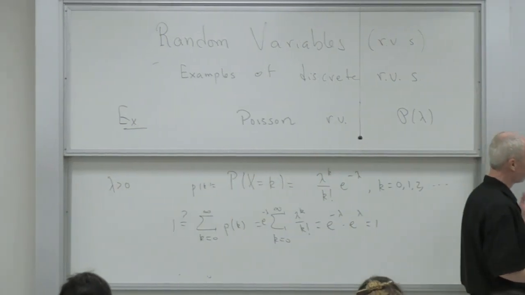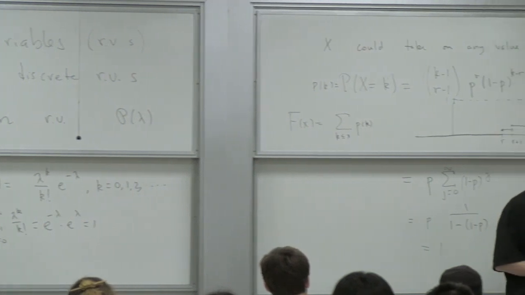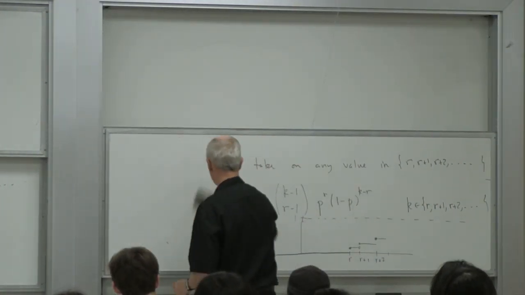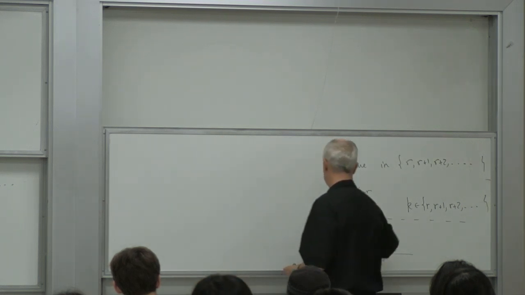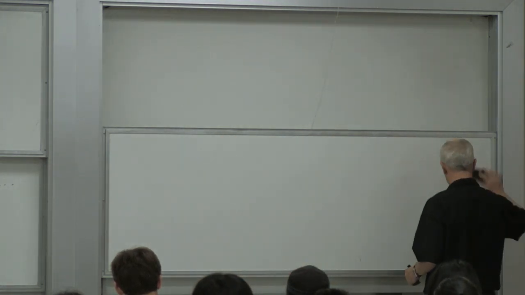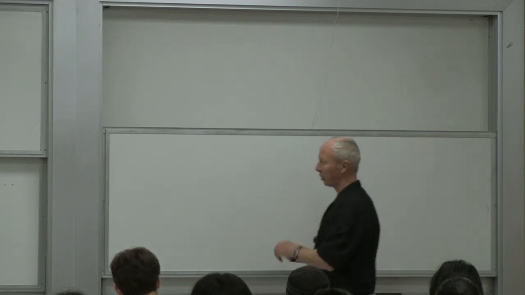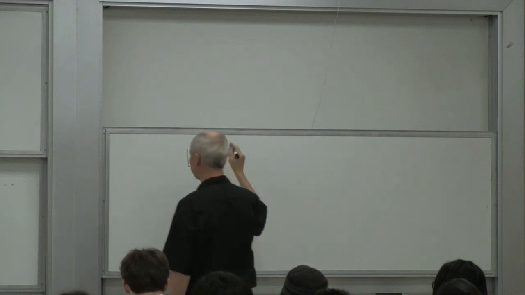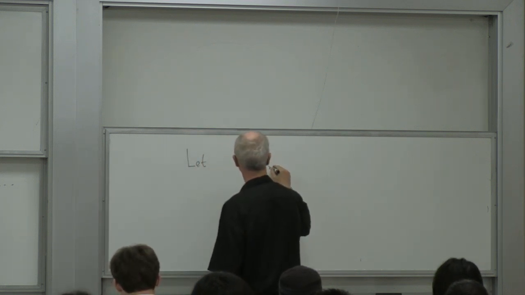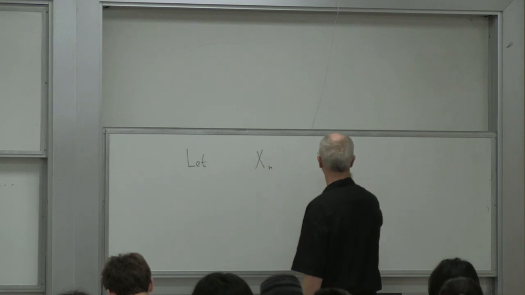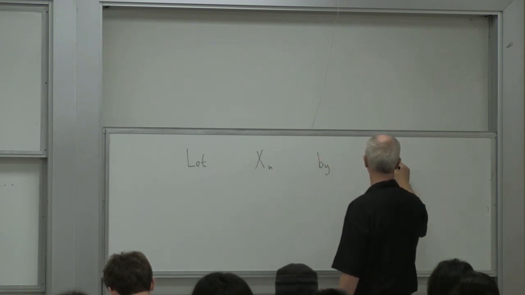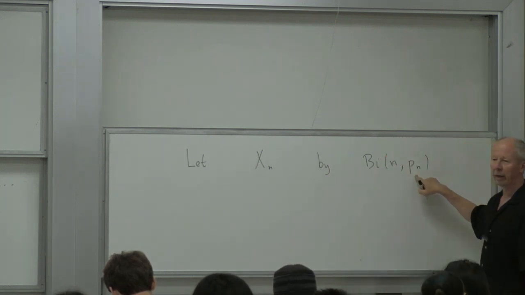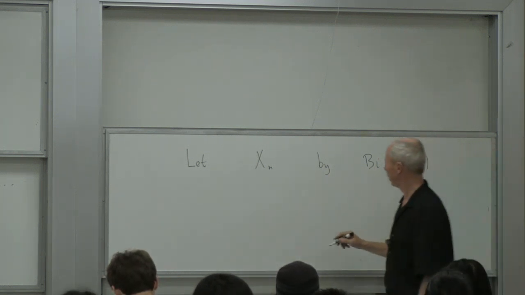So let's look back for a moment to the binomial random variable and see its relation to the Poisson. So here I'm going to take a sequence of random variables, and the probability of success will depend on n.